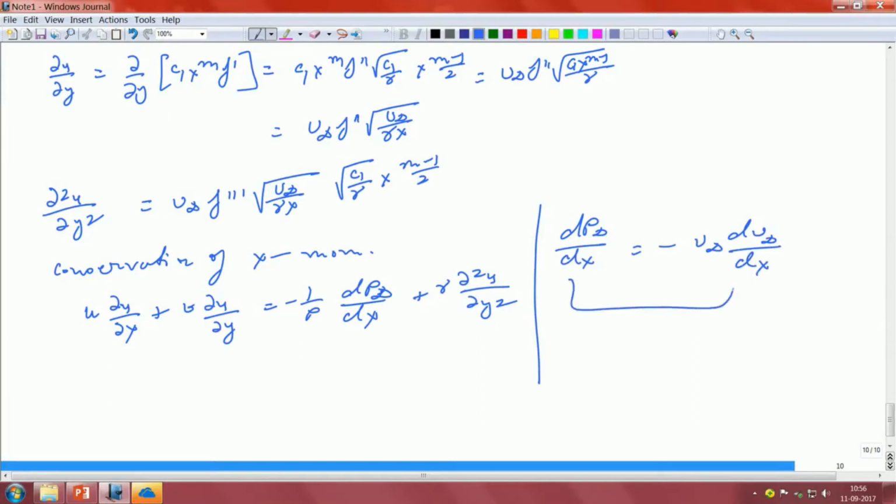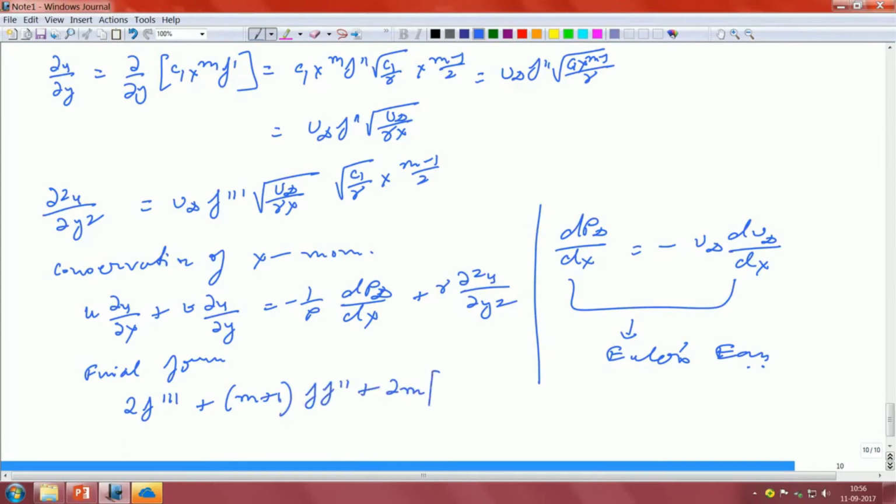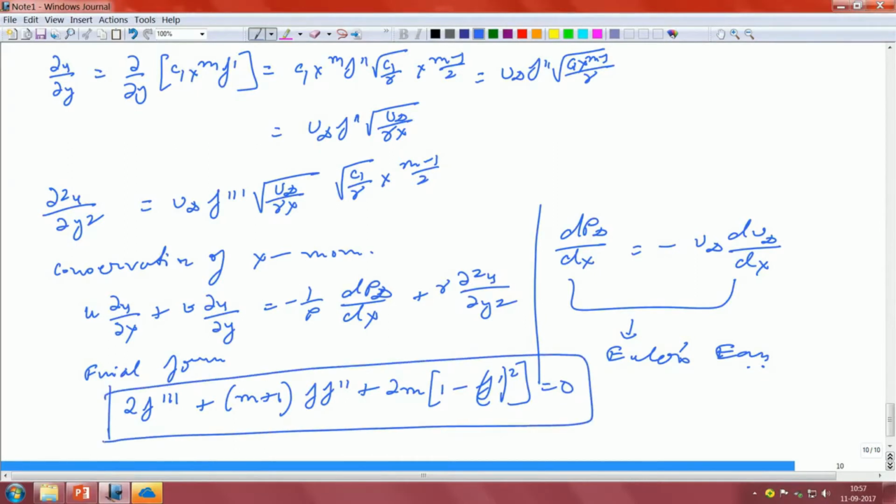This comes from the Euler equation. So, now what we do is put all these values of u, v, du dx and all these values, and the final form of the equation is term by term substitution. Okay. So, that is the total expression that you got.